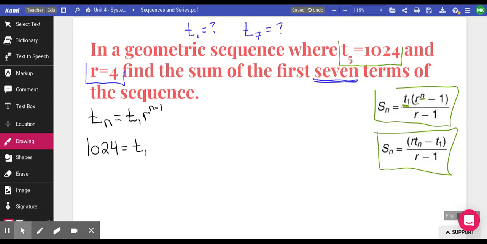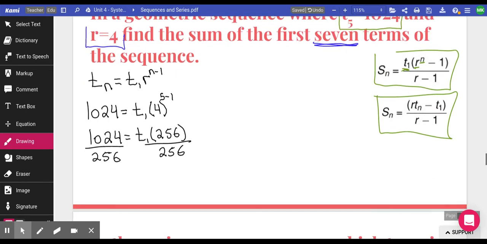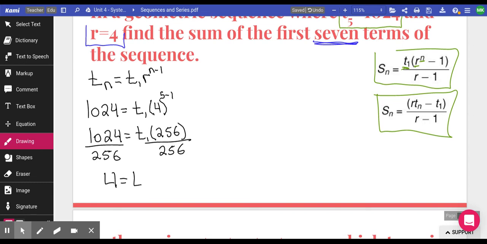That equals the first term, which I don't know, times r, which is 4, to the power of n, which was 5, minus 1. That means 1024 equals the first term times 4 to the power of 4, which is 256. If we divide that to the other side, 1024 divided by 256 equals 4. So the first term is 4.